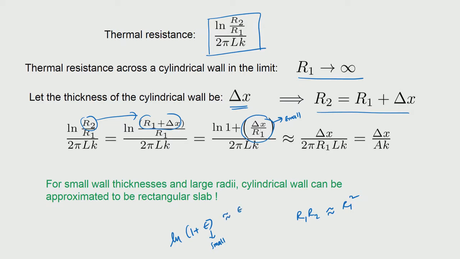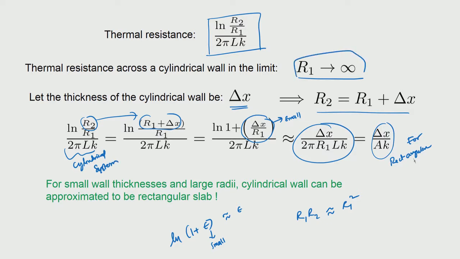So, then we write delta x by r1 here, and then immediately we can see that we retrieve the expression for the rectangular coordinate system. So, we start off with the cylindrical system, and with the limit we are able to arrive at the expression for the rectangular coordinate system.